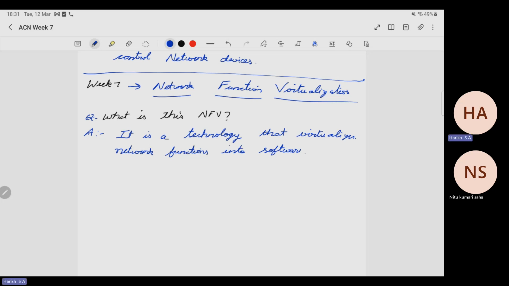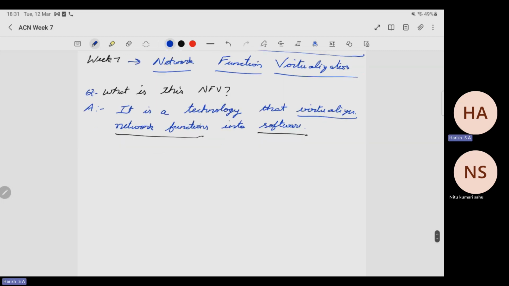Now there are some keywords here: software, network functions. We have to define what all these things are. What is a network function? And what is software? And of course, virtualizes. Those are the 3 keywords here.